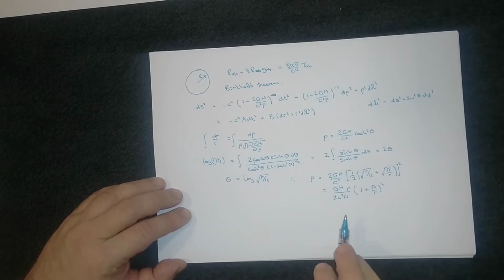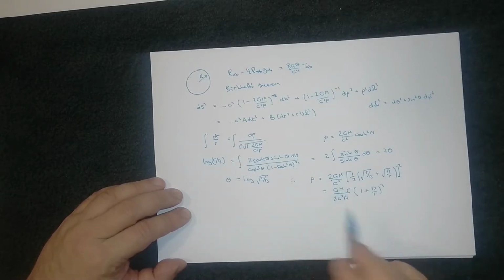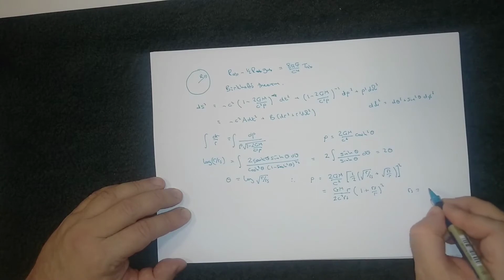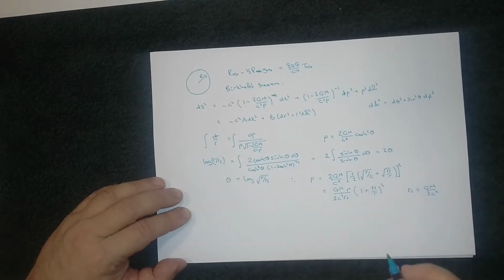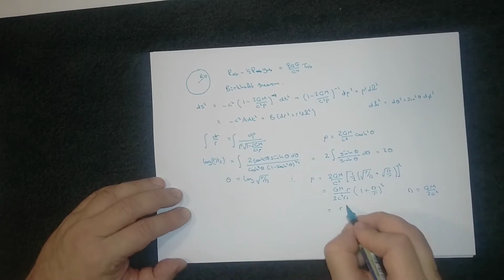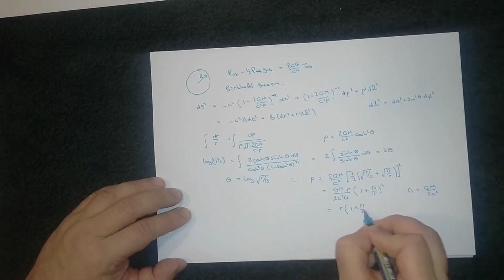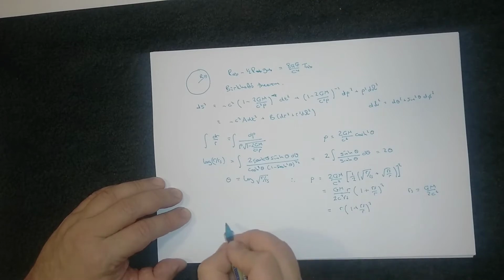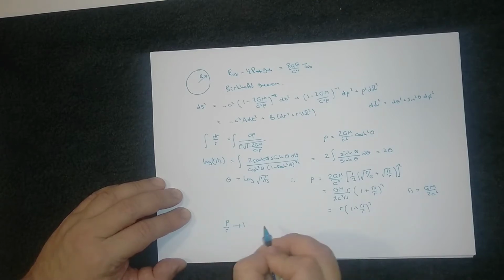Now we can take r_s to be anything we like, and what I'm going to do is take r_s to be GM over 2c squared. So this becomes r into (1 plus r_s over r) squared. And then we have that rho over r tends to 1 as r goes to infinity.